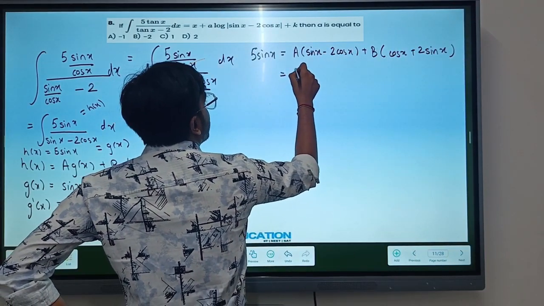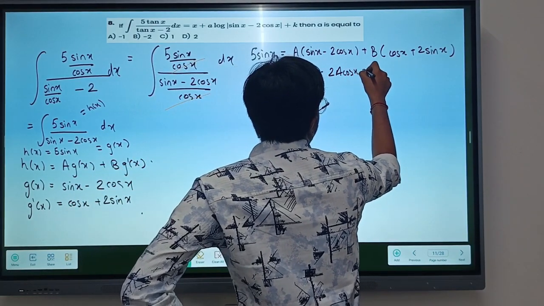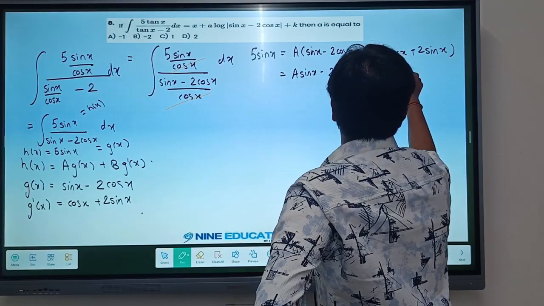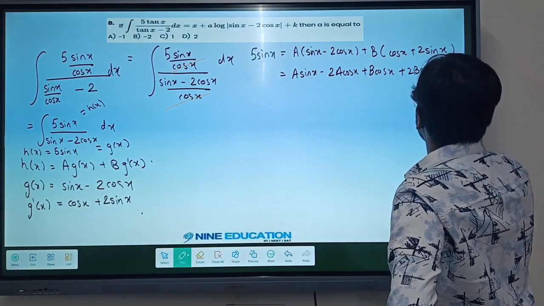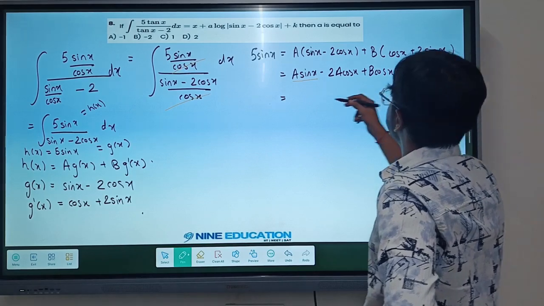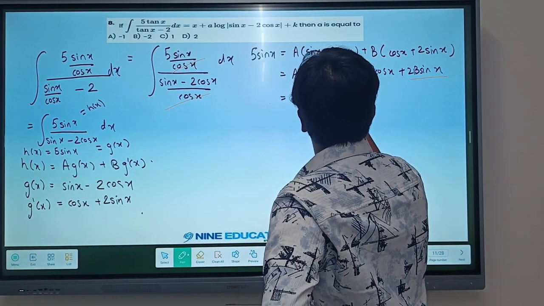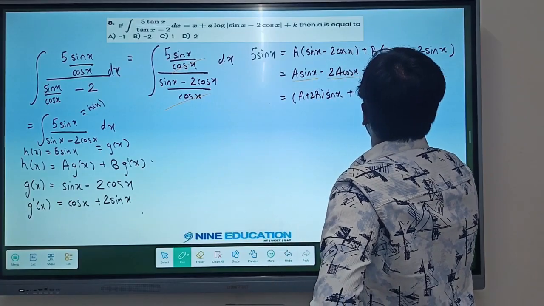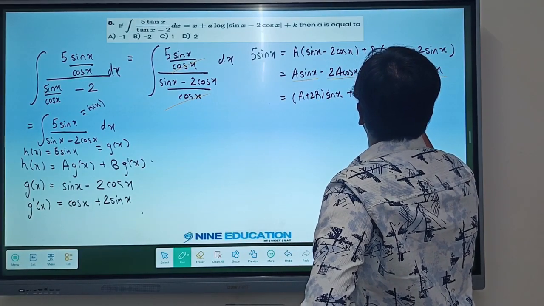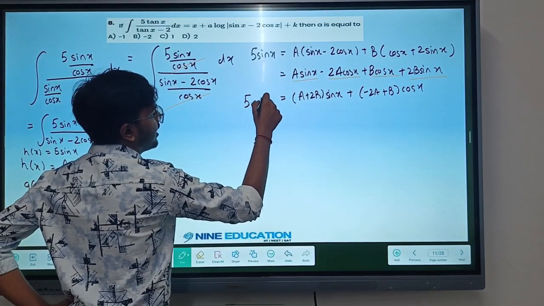So we get a sin x minus 2a cos x plus b cos x plus 2b sin x. Take like terms together, a sin x and 2b sin x. So it will be (a plus 2b) sin x plus (minus 2a plus b) cos x, and this is equal to 5 sin x.